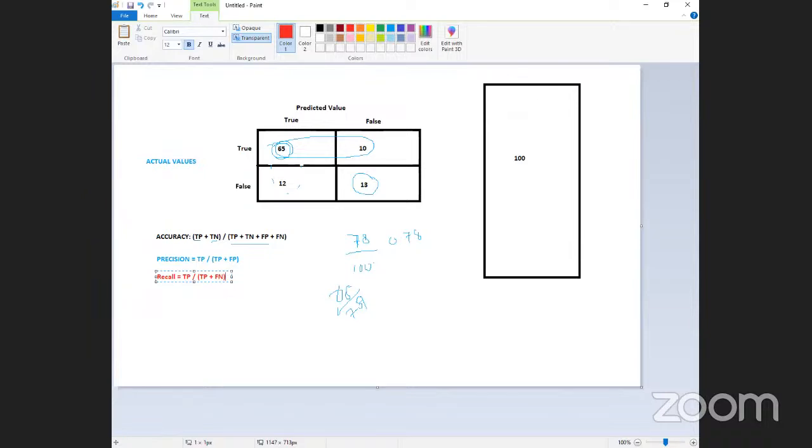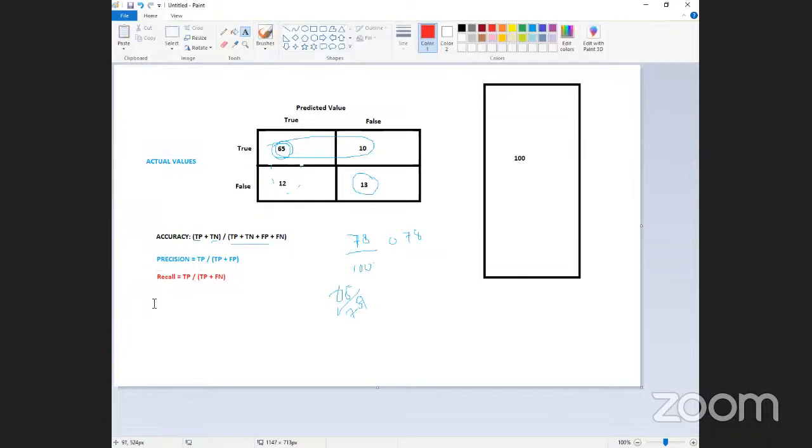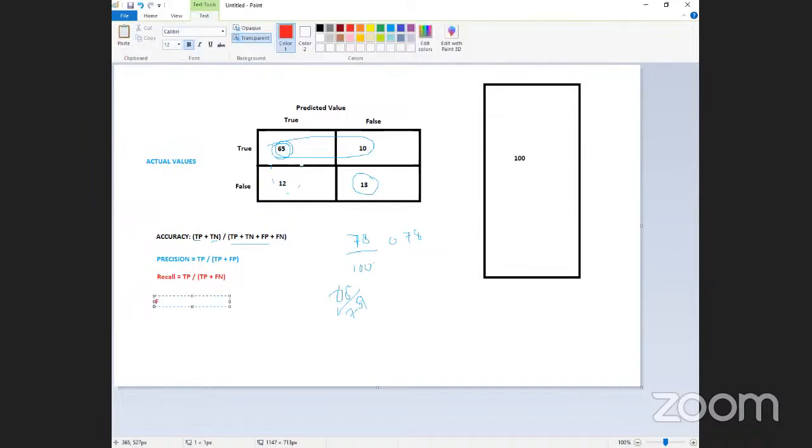Then we have the F score, F1 score. F1 score is the harmonic mean of precision and recall. So it gives the balance between the precision and the recall.